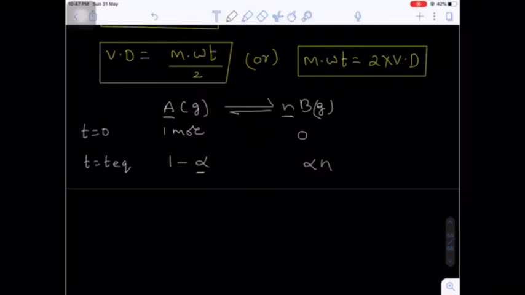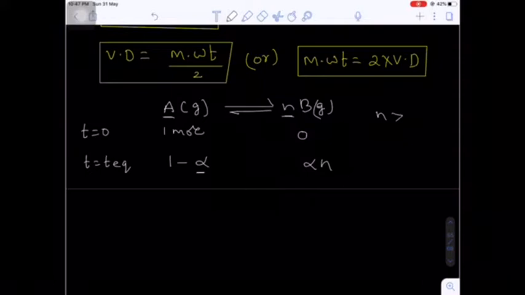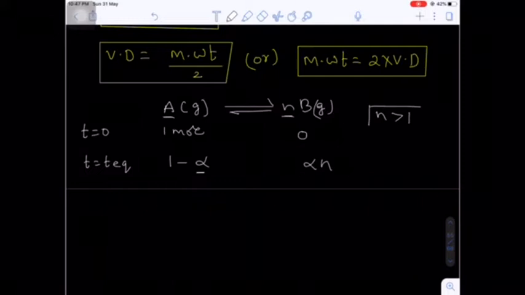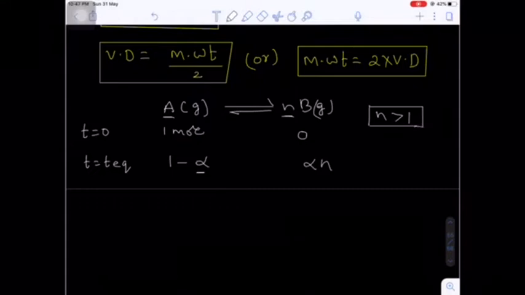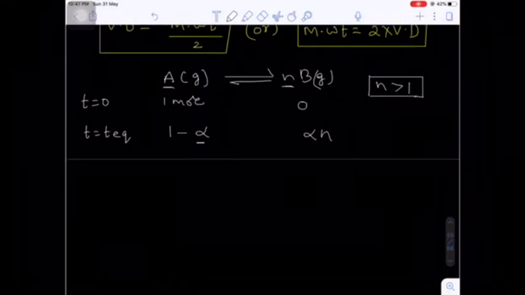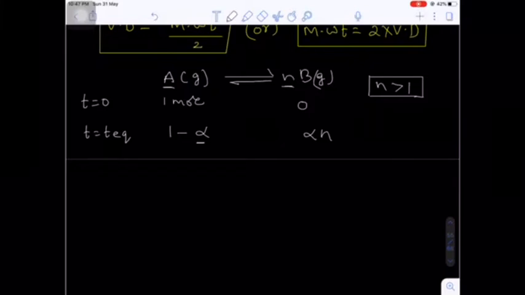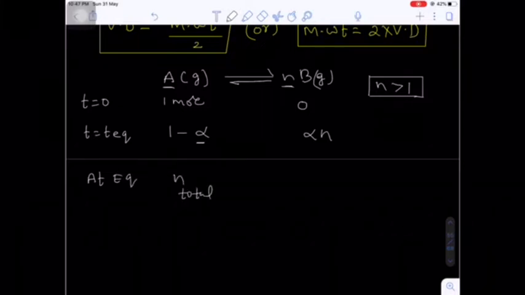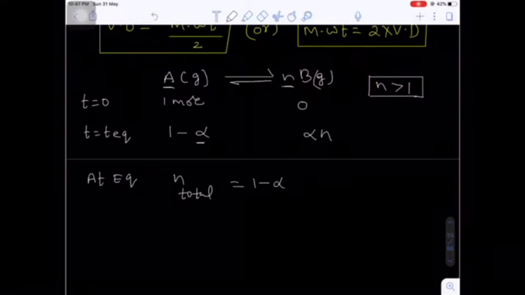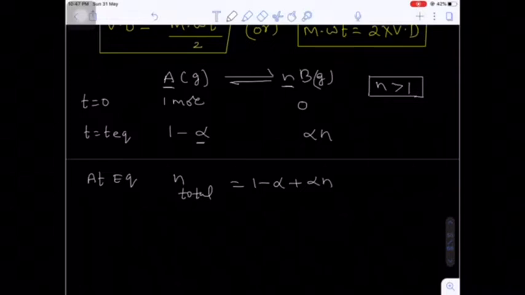This is very important. Are you getting my point? The n value should be greater than 1. This is a very important condition. Now at equilibrium, how many total moles will be present? 1 minus alpha moles of reactant will be present, plus alpha into n moles of products.